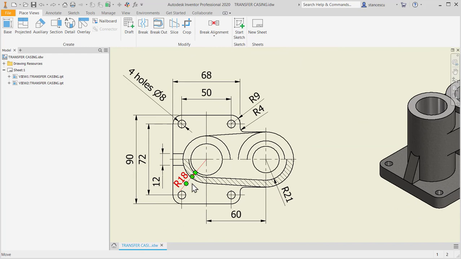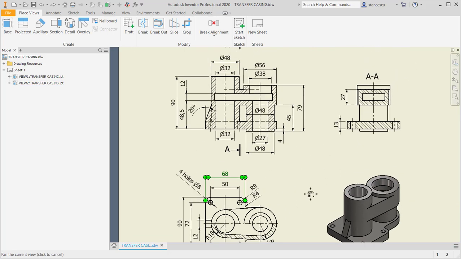Its dimensions are here: a rectangle of 68 by 90, and this round extension at a distance of 60, radius half of 56, and extrusion 13. Let's create it.